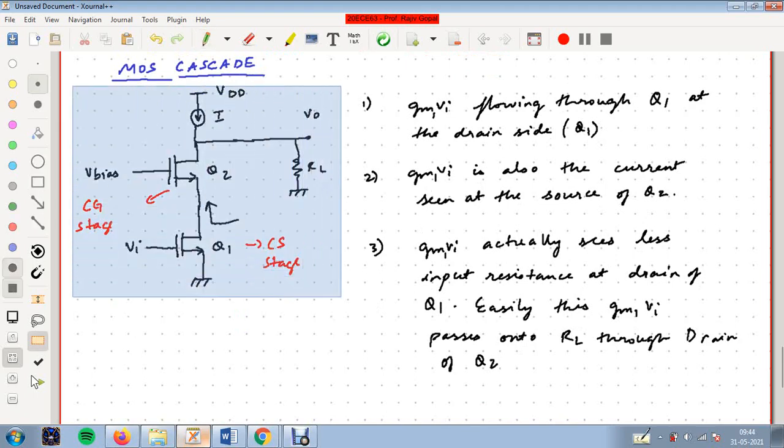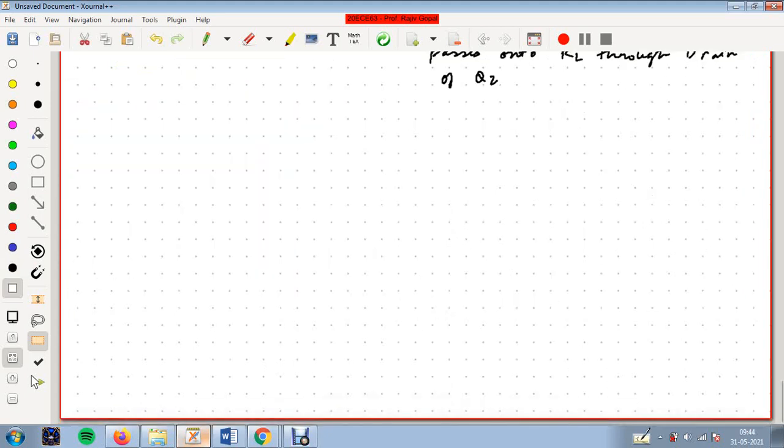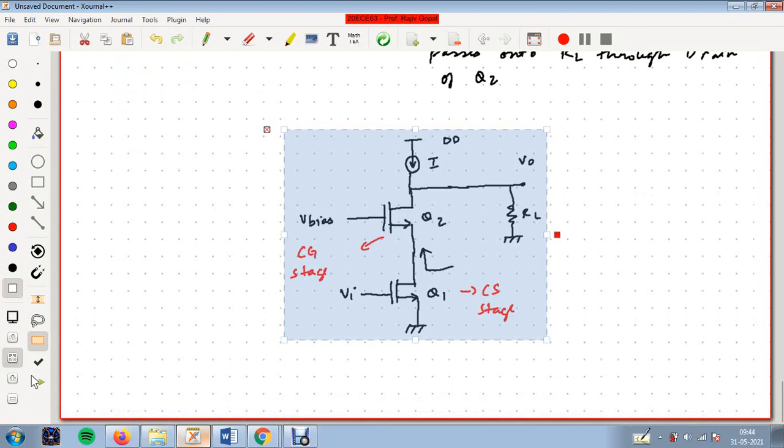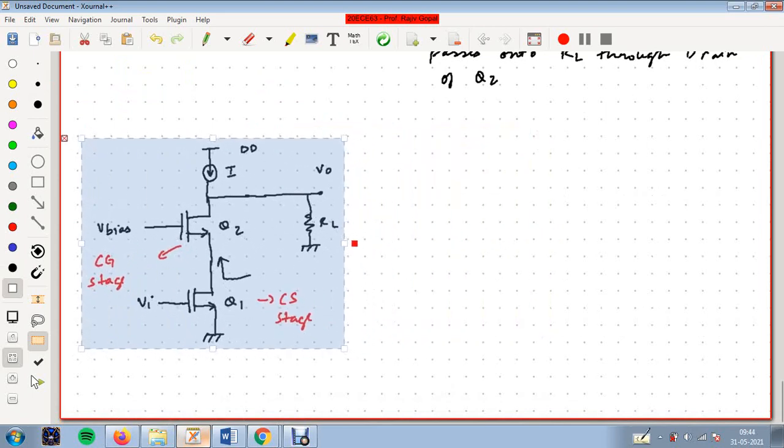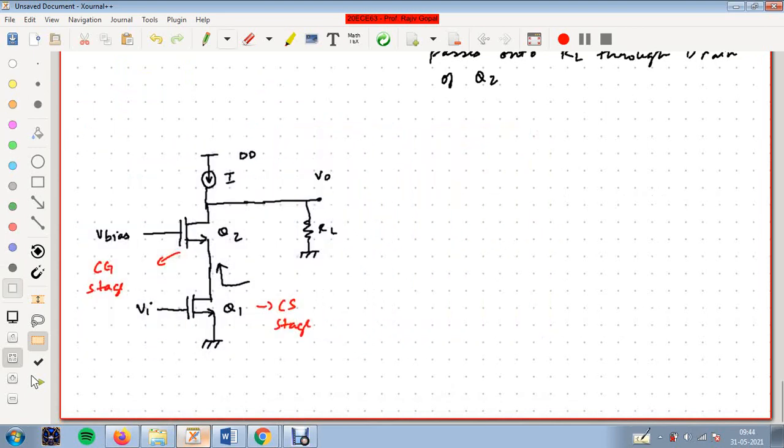So with this, keeping this in mind, I will actually draw the small signal model now. Small signal model.